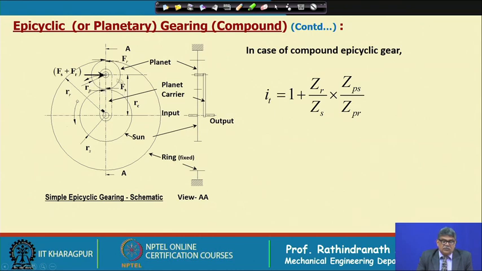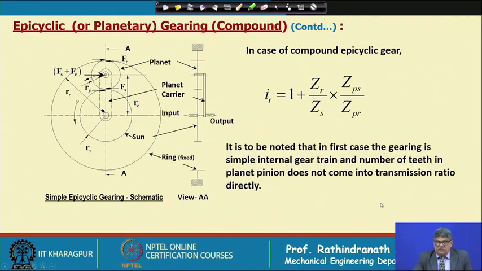Now, there will be two gears, we will see in the next slide, and that means we are getting again an additional transmission ratio here. This is something like the gearbox which we have designed, the Zr by Zpr into Zps by Zs. This Zps is the pinion mating with the sun and Zpr is the pinion mating with the ring gear. Next slide we will show it.